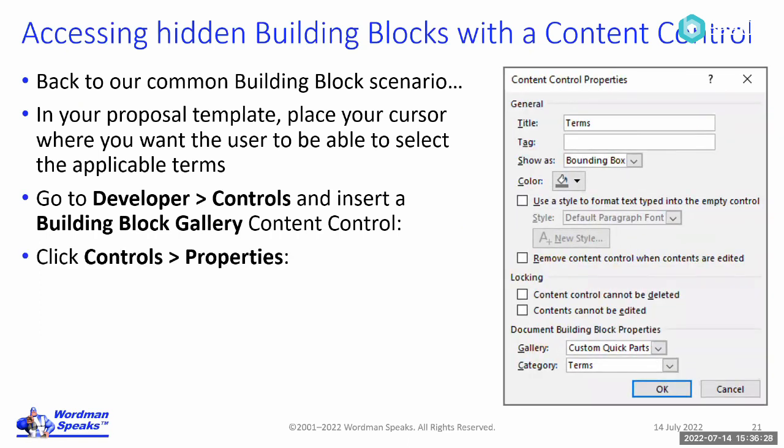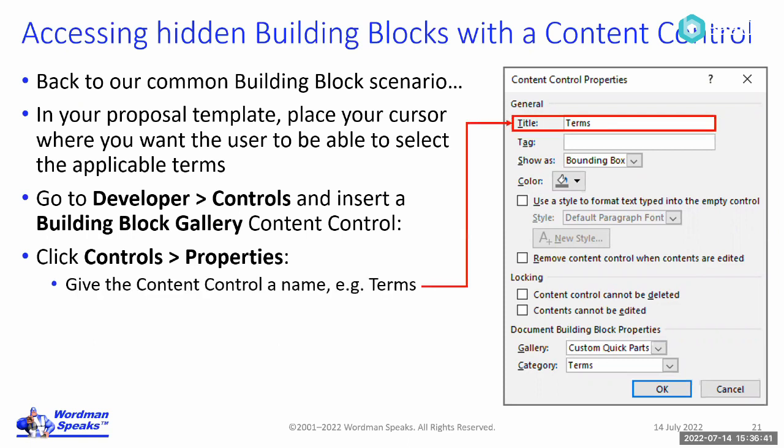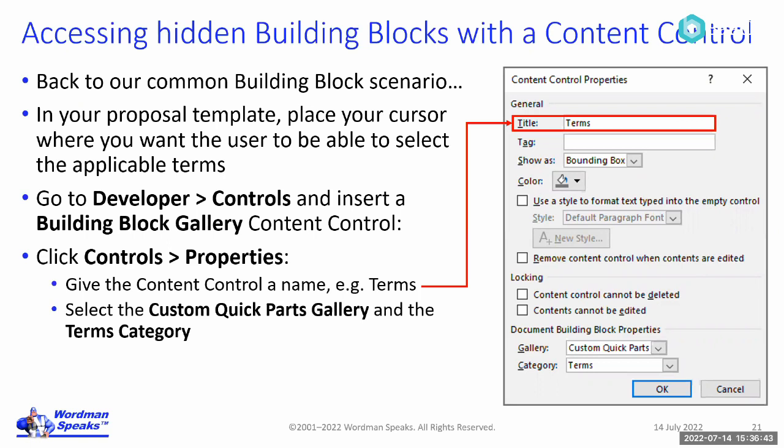Now what we're going to do is click on properties in the controls group on the developer tab. We can now put in some names for this. We can give it a title. We can call it terms. We can select the gallery and category of where we put our things.